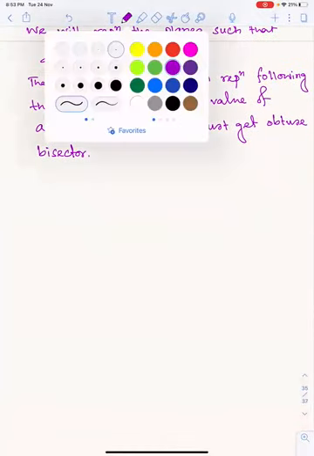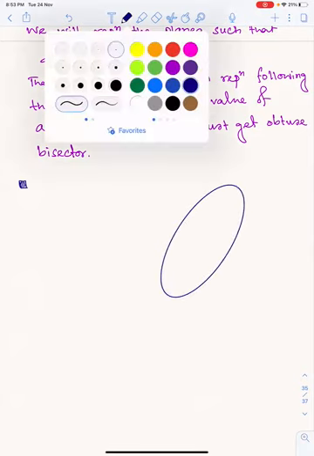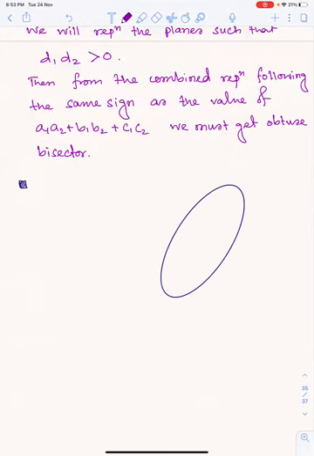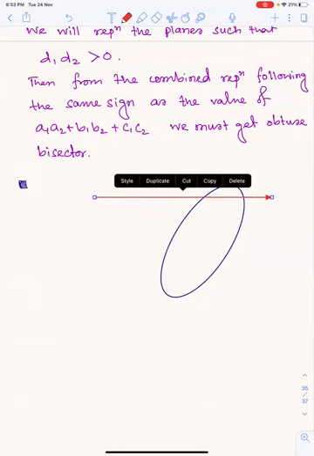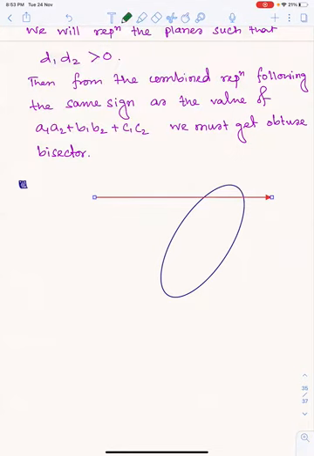Next, we will consider some special information. Now, what is the special information? Say we are given a plane and we have been given a line, say the line intersecting the plane at this green point.